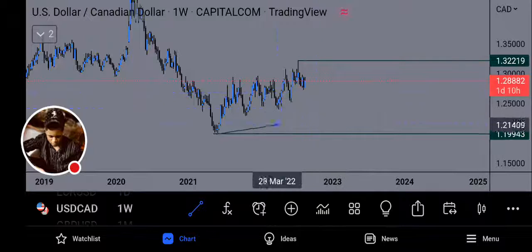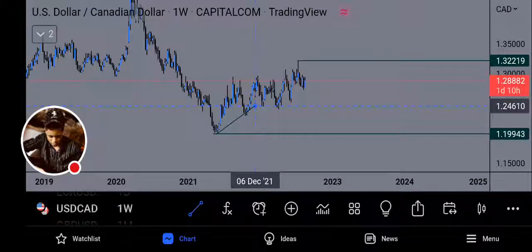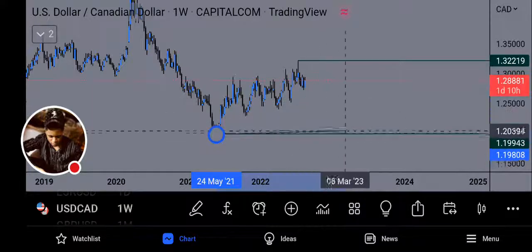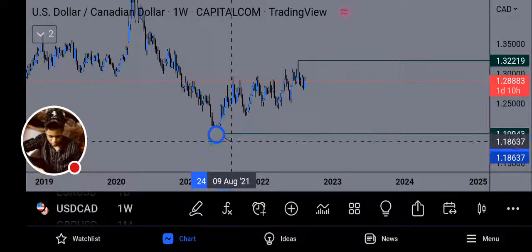But this is still the analysis phase. I don't really have anything I'm looking out for currently on USD CAD. So that is that for now.